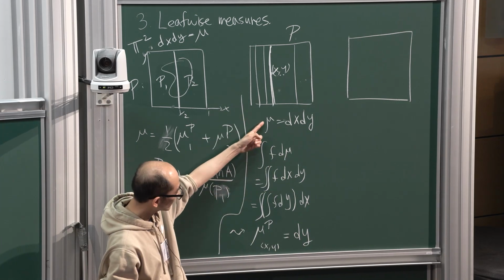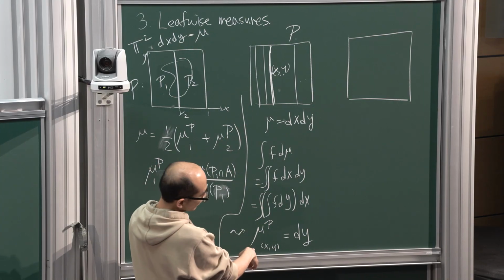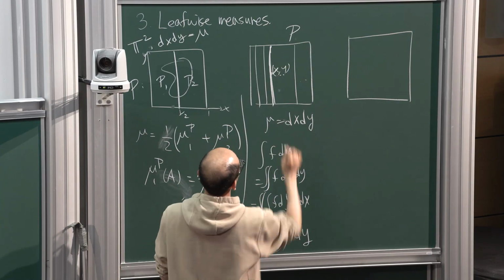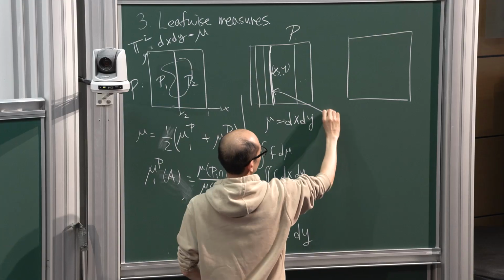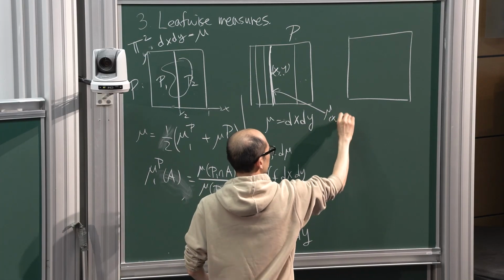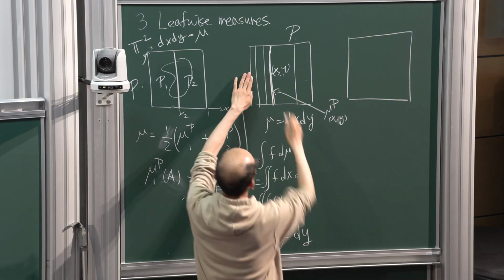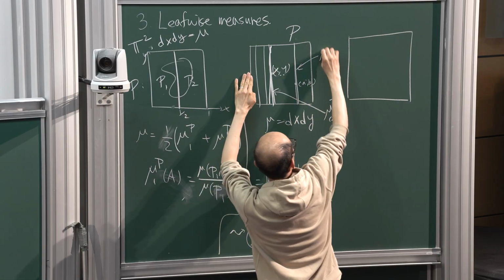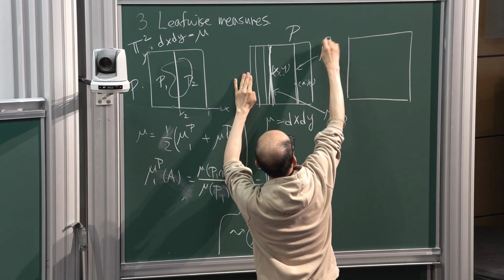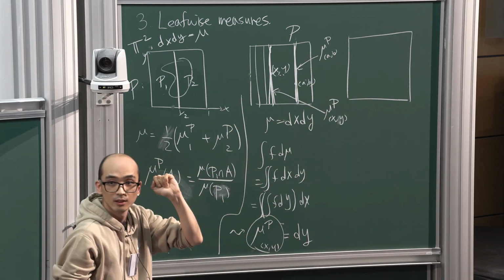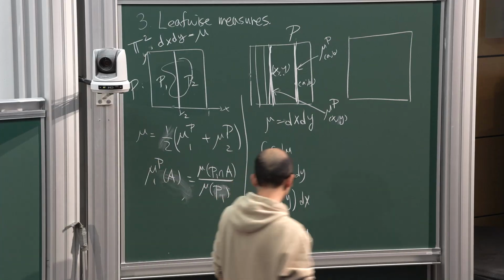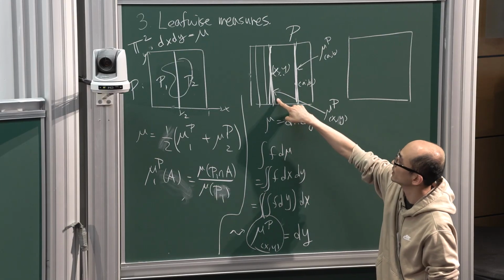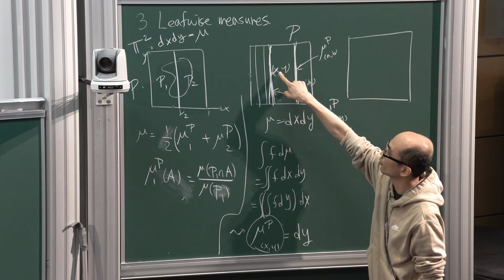So I can break down my measure into pieces: for each base point, your measure lives on this vertical line. If you choose a different point on A, B, then another part of the measure will be on that vertical line. They are all dy, so we can identify them. But I want to write down the atom of the partition that contains the base point x, y.